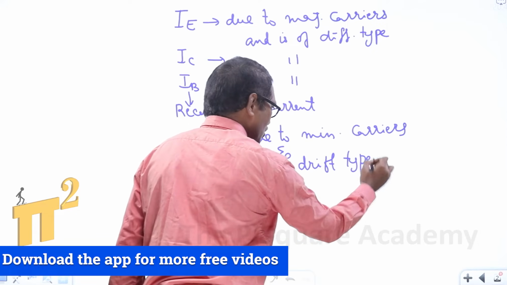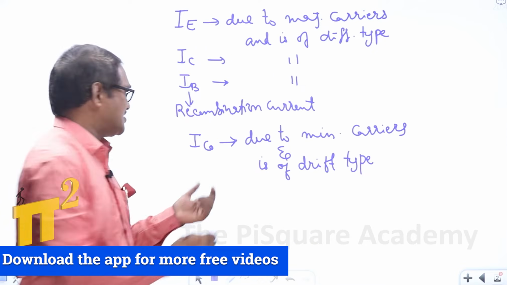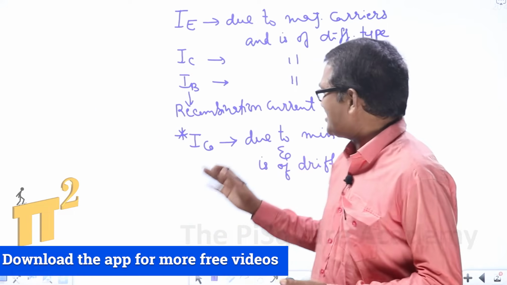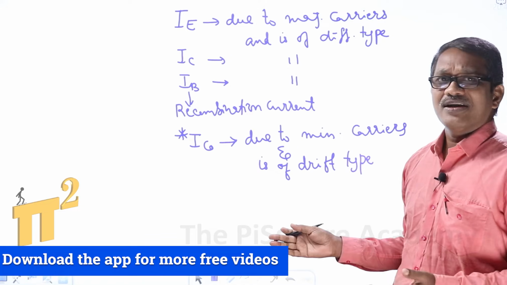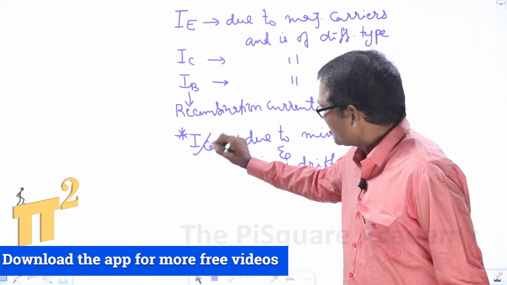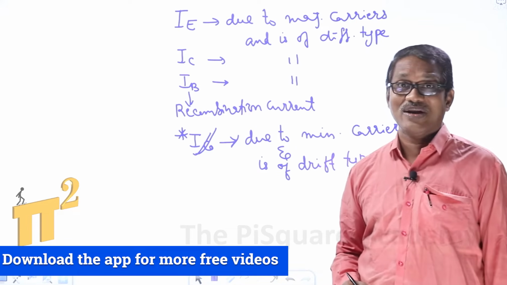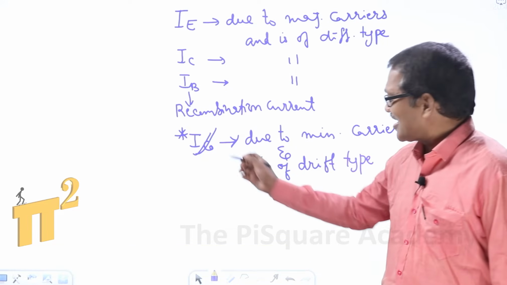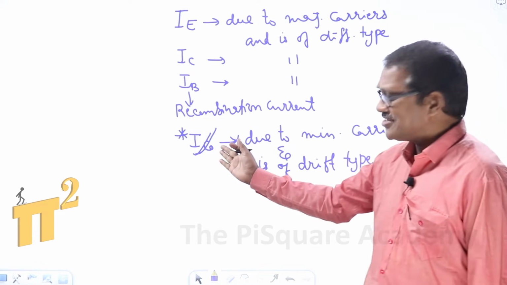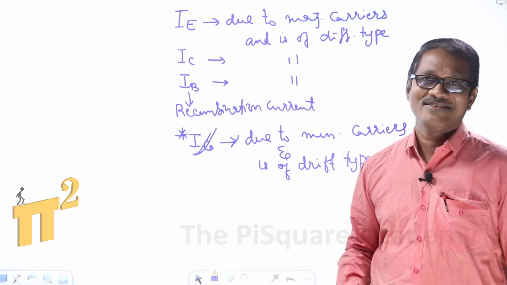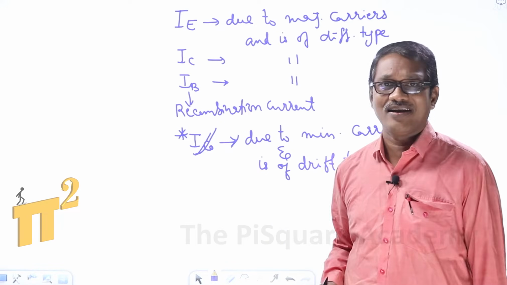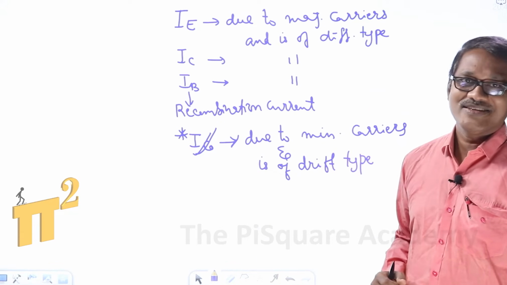That means only one current component in the transistor is of drift type. That is IC naught. Drift current is due to external field. So this IC naught is due to thermal energy, external temperature. This current is due to thermally liberated charge carriers. Thermal energy is the only source to cause IC naught. Have you understood this? Reverse saturation current, or thermally liberated carrier current, or minority carrier current, is of drift type.